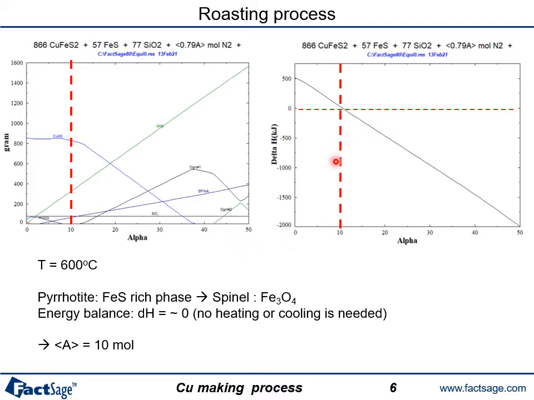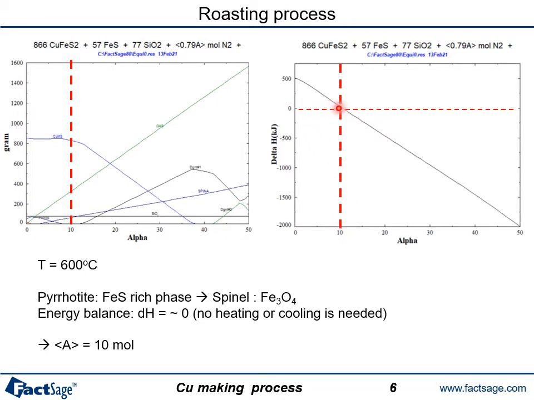And if it is a negative value, that means it is an exothermic reaction, so you have to take out this amount of energy to maintain your final temperature. So you have to cool down your furnace. Interestingly, if you look at this calculated result, when the alpha is about 10, the energy balance becomes almost 0.